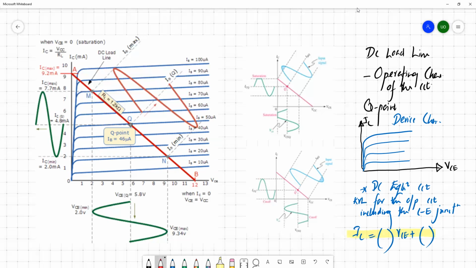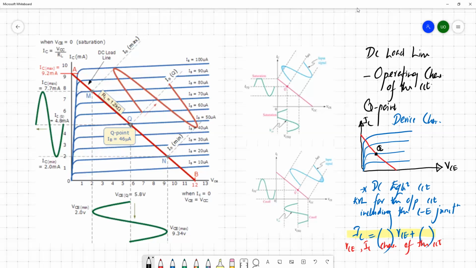This represents the VCE, IC characteristics of the circuit. You can overlay this information on the device characteristic we obtained previously from the data sheet, and then, depending on our requirement, decide the Q point or operating point of the transistor.